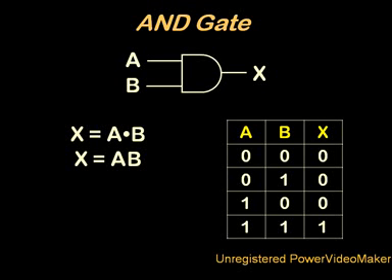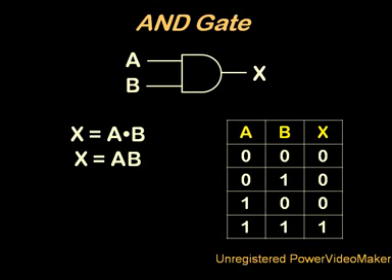Our next gate is the AND gate. It takes two inputs, not just one, and you can see from the truth table that X is 1 only if A and B are 1. You can think of this as a true-false relationship. Both A and B have to be true for X to be true. If only one of A or B is true, then X is not true.